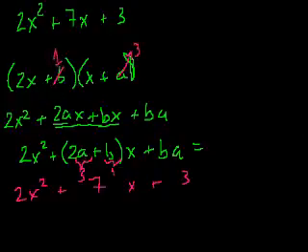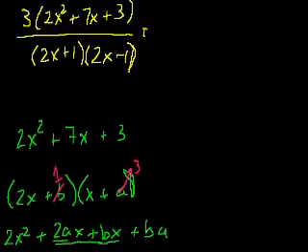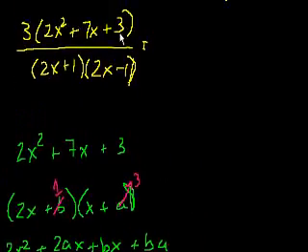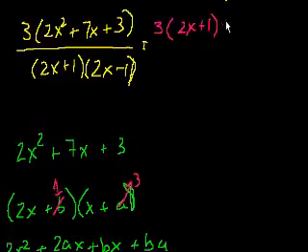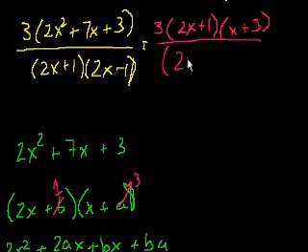And you could multiply that out if you're not comfortable with it. But anyway, we could rewrite this top thing as 3 times, and we did the factoring here, we figured out that b and a are, 2x plus 1 times x plus 3. All of that over 2x plus 1 times 2x minus 1.